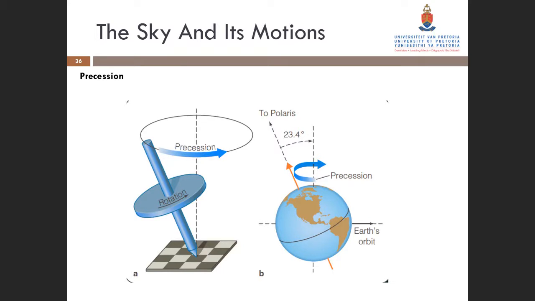So the top can be drawn looking this way, this way, this way, again this way. And where this axis is pointing is called precession. Someone asks: is this similar to inertia? Not really. Should I explain this better, or does everyone understand what precession is?